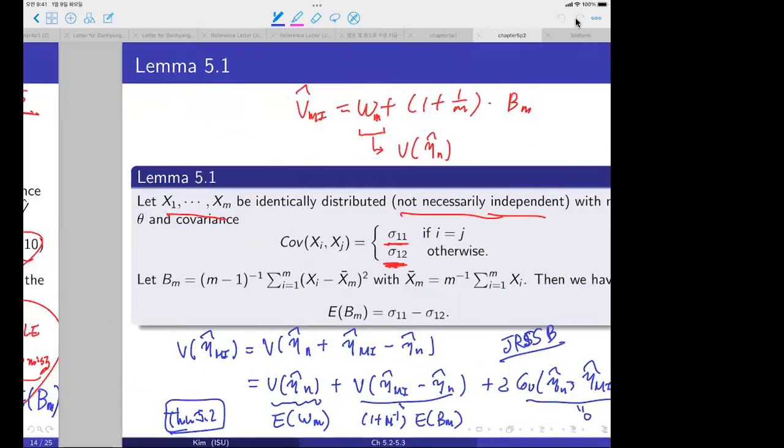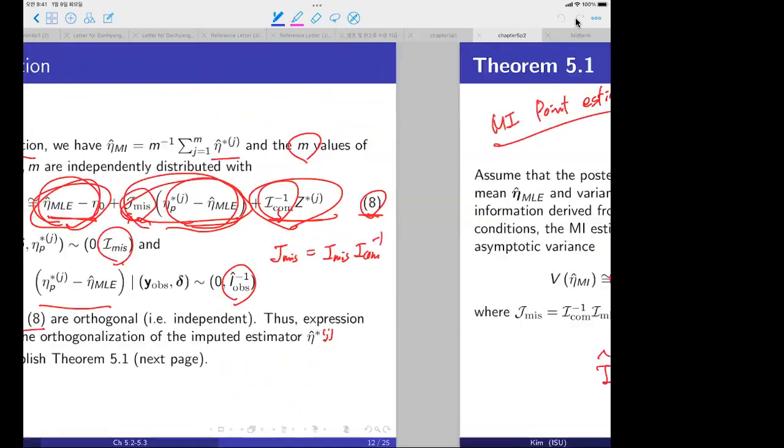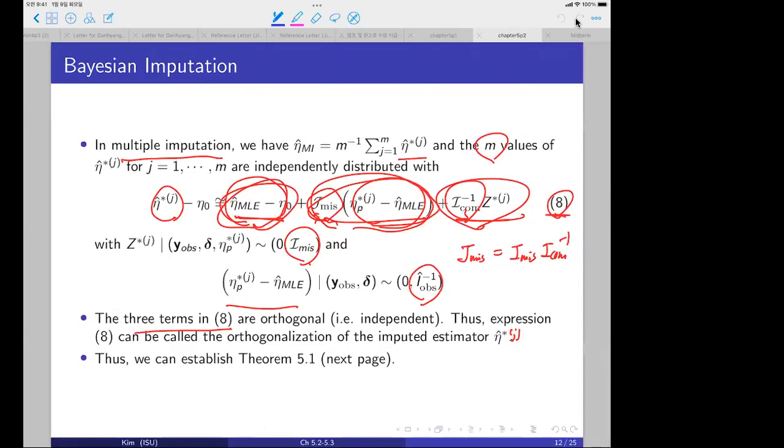Actually, I did use it. This result A is actually derived from solving the score equation, the imputed score equation. So it assumes that I'm interested in MLE. Okay.